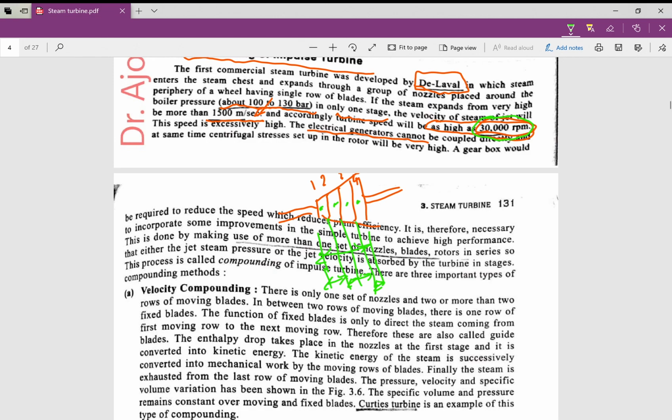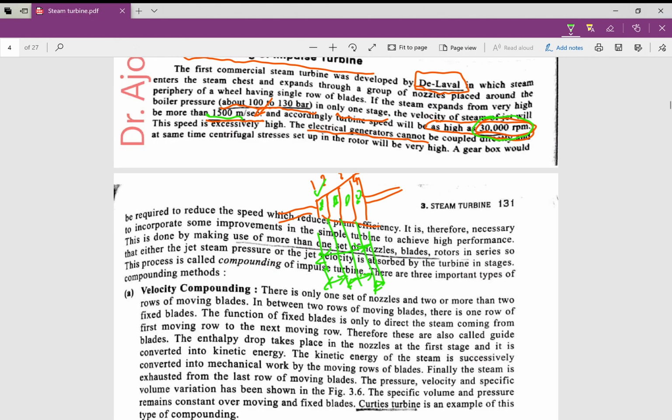If the whole speed were 1500 meter per second and 30,000 rpm, this electrical generator would face wear and tear, and henceforth whatever thermal energy or pressure energy of steam we have should be utilized in different stages, and henceforth we go for compounding.